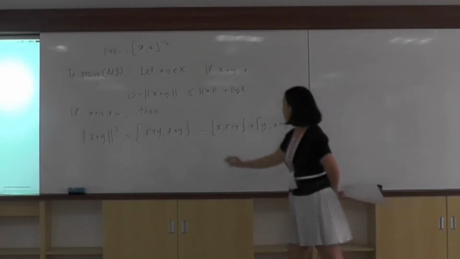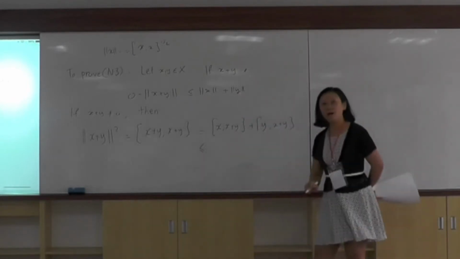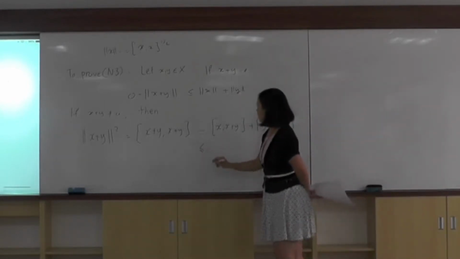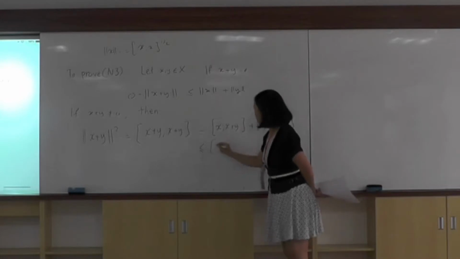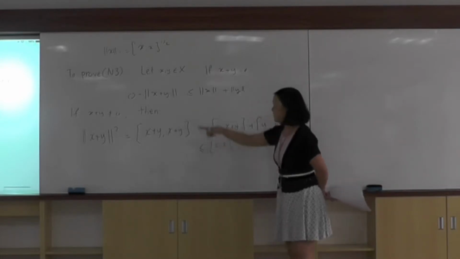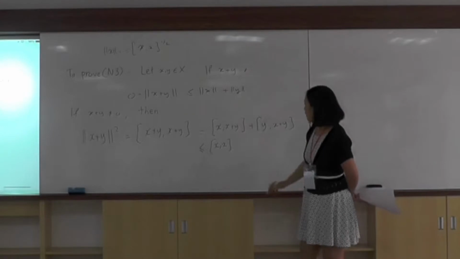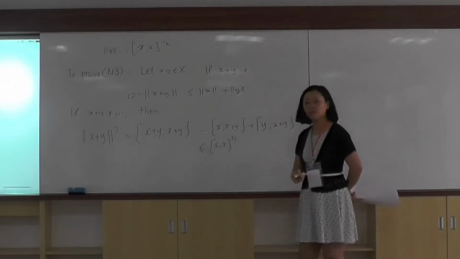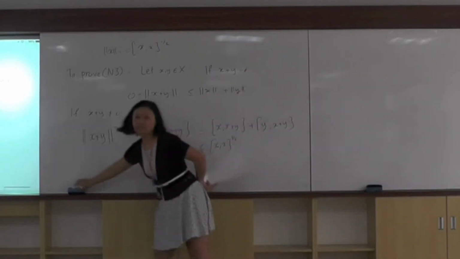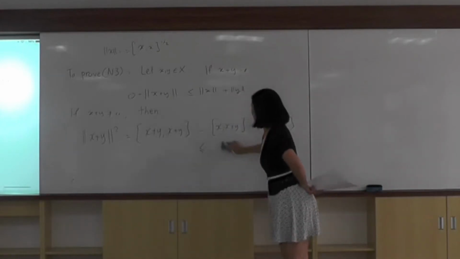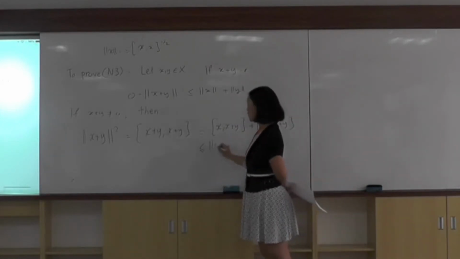Okay, and then you apply axiom number 5. Well, this is actually the inner product of x with x, if I follow axiom number 5 with a square root, right? But now I can rewrite it as the norm of x. Now it looks like Cauchy-Schwarz, right?